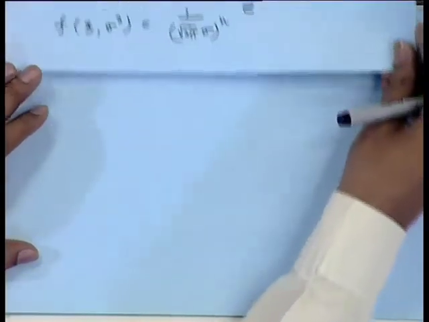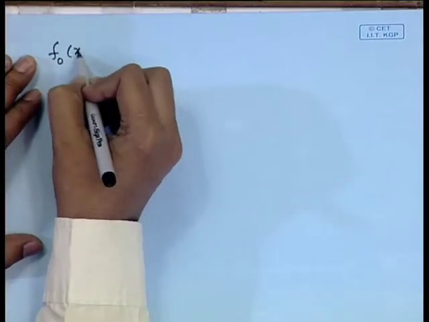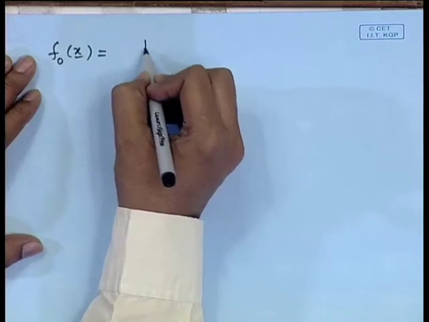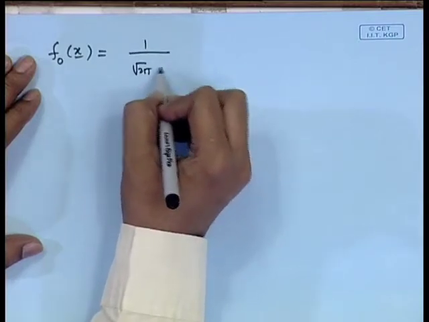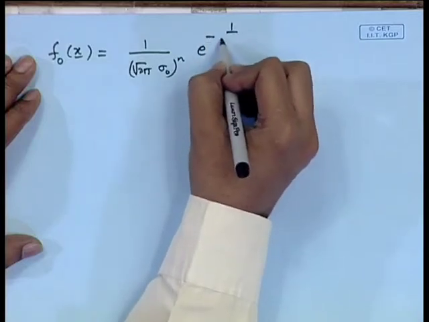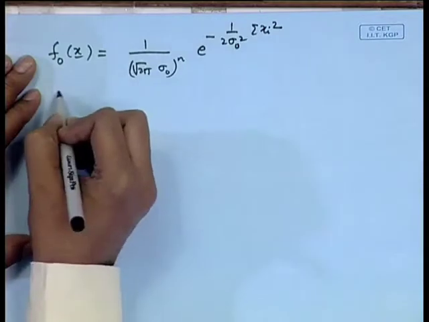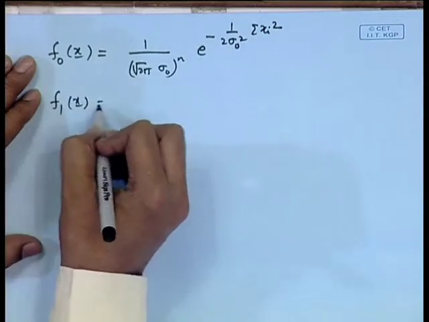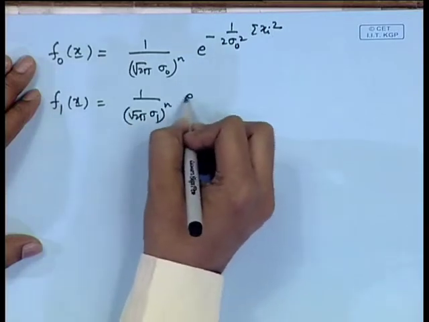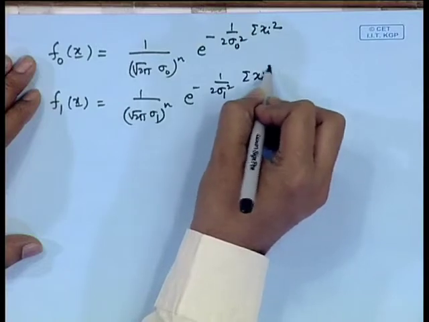So, we write down this value corresponding to the null and the alternative hypothesis. When sigma square is equal to sigma naught square, this becomes 1 by root 2 pi sigma naught to the power n e to the power minus 1 by 2 sigma naught square sigma x I square, and f 1 x in a similar way becomes 1 by root 2 pi sigma 1 to the power n e to the power minus 1 by 2 sigma 1 square sigma x I square.